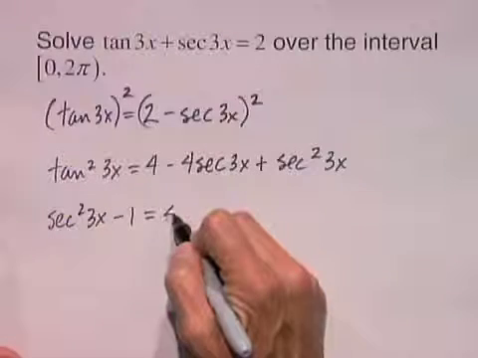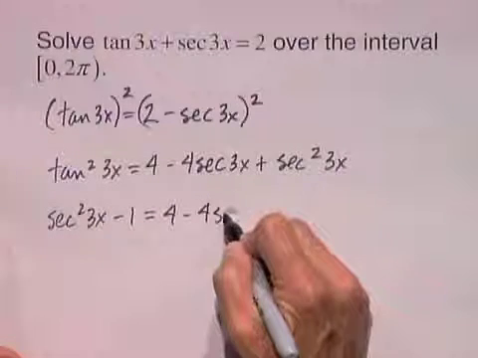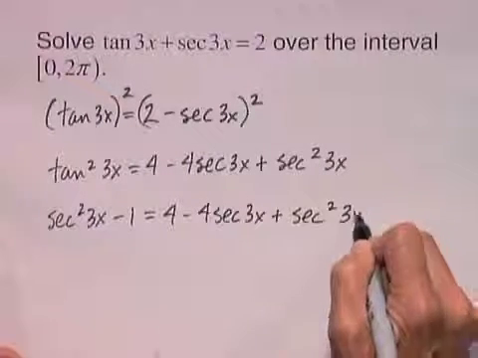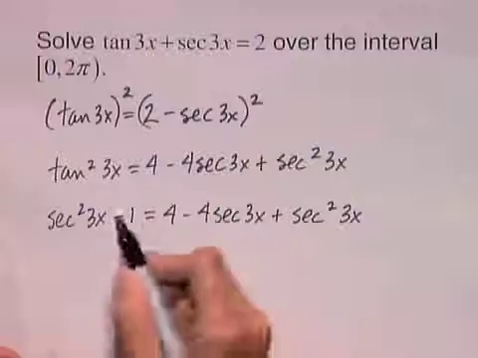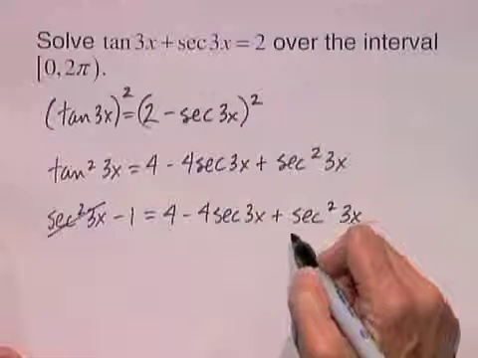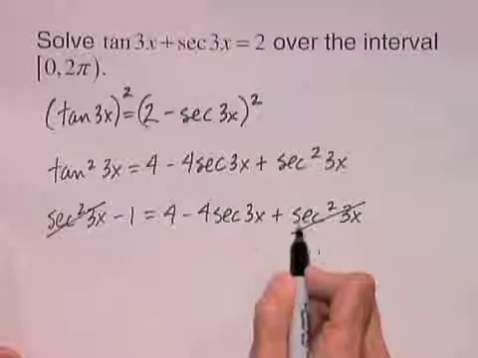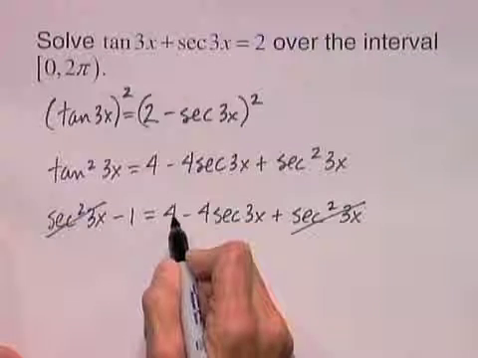And that's equal to 4 minus 4 secant 3x plus secant squared of 3x. I see at this point that I can subtract secant squared of 3x from each side of the equation. I'm also going to subtract this 4 from each side.